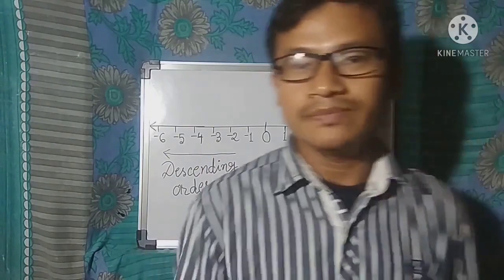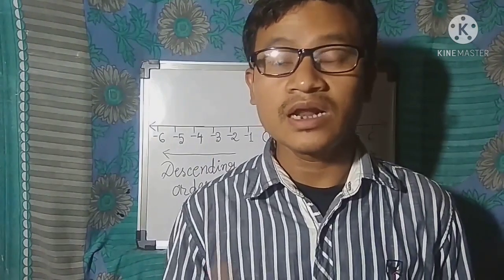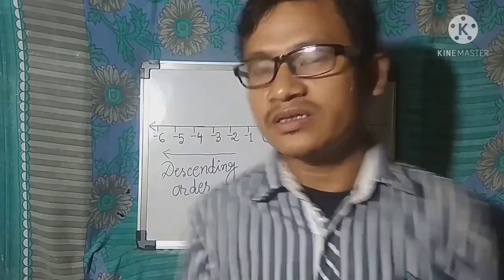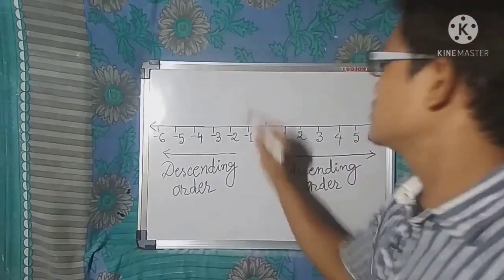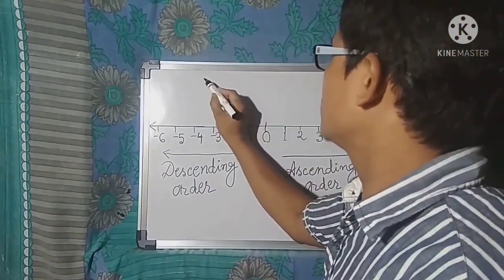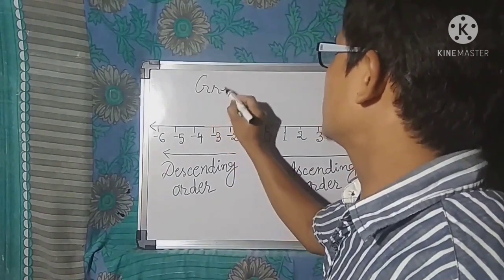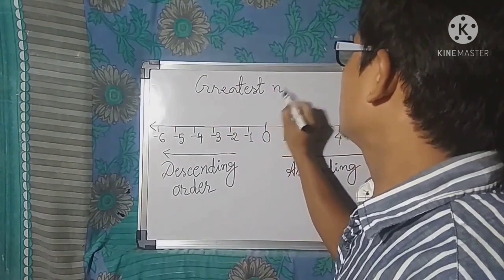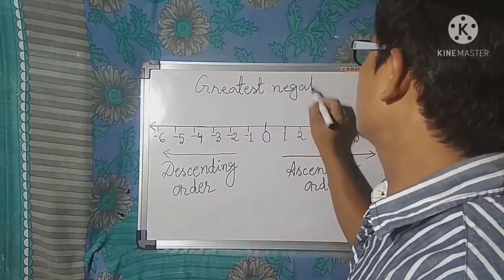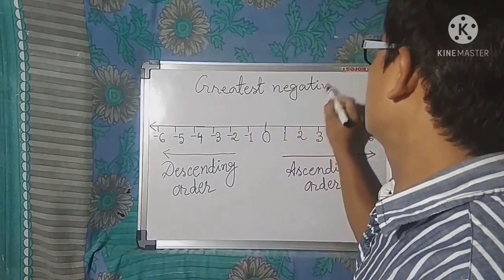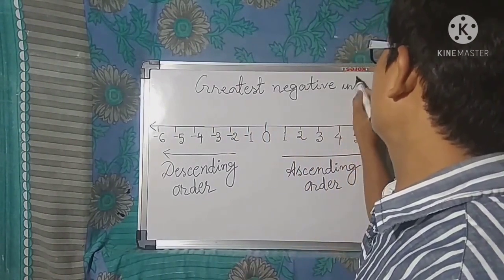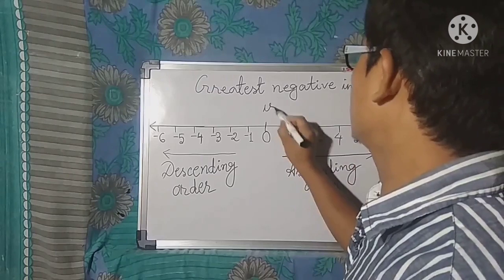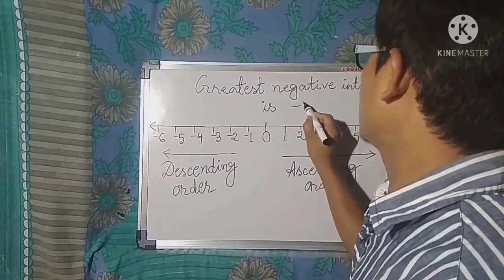We can say that the greatest negative integer is -1.